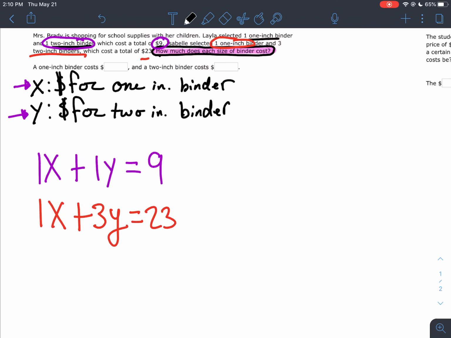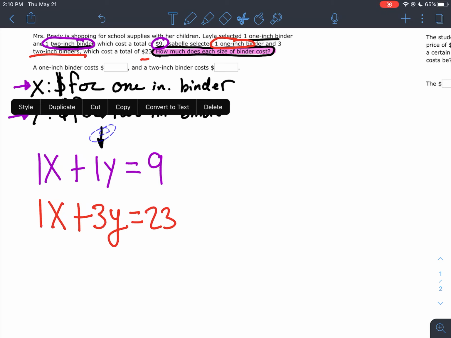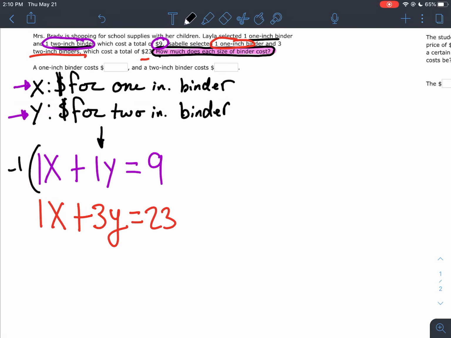Well, if you look at this, this is set up to solve by elimination. My x's, my y's, my equals, and my constants are all lined up. So solve by elimination, we have a 1 and a 1, perfect candidate to get rid of. We'll make the top one negative. So we'll multiply the top by a -1.